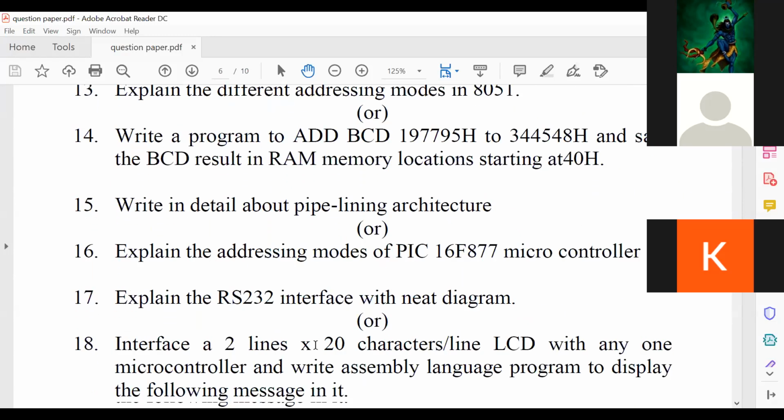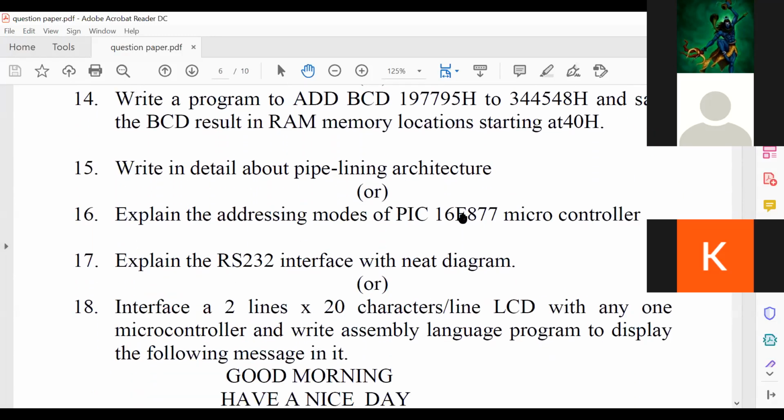The next one is explain RS-232 interface with a neat diagram. You have to draw DTE, DCE and how they are interfaced. Then you have to draw the pins available in RS-232. There are two kinds of pins: DB9 and DB25.